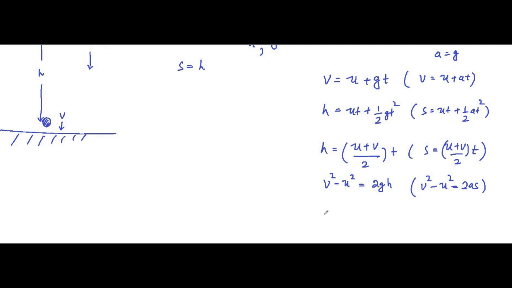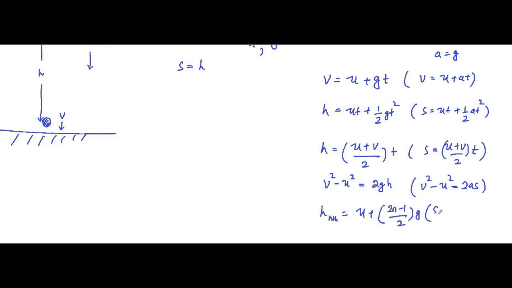And then the downward displacement during the nth second, here we will write it as h nth, is equal to u plus 2n minus 1 by 2 into g.